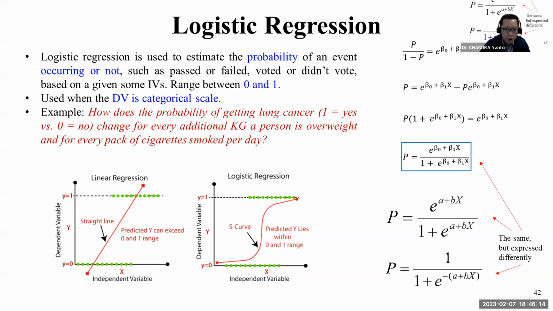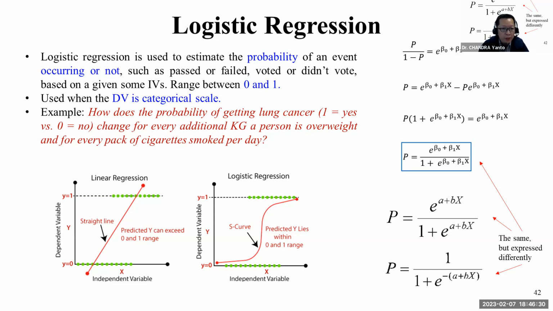Then you will use logistic regression. You can't use multiple regression. Here you have two independent variables, but your dependent variable here is not a metric or continuous scale, but it's in categorical scale or nominal scale.